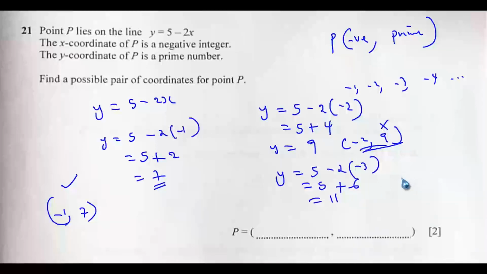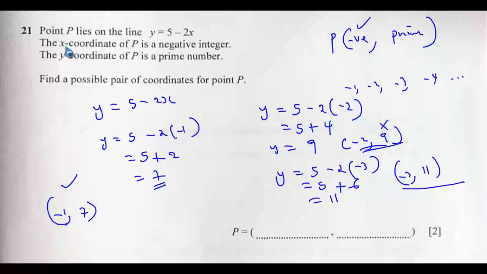So that means you have -3 comma +11. The x coordinate is negative, this is good, and the y coordinate is a prime number. So you could as well choose this. You can pick this or this.